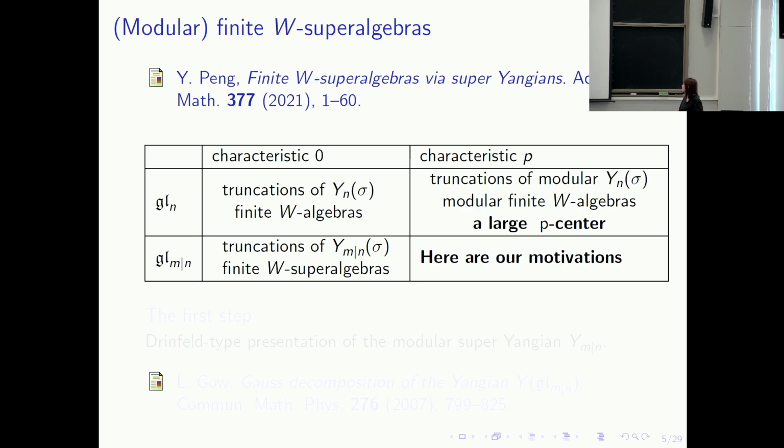Then the super versions of W algebras appear, the finite W superalgebras. Finite W superalgebras are defined in a very similar way as the Lie algebra case, except that the nilpotent element is assumed to be even.